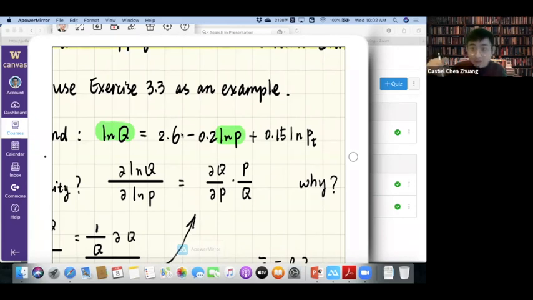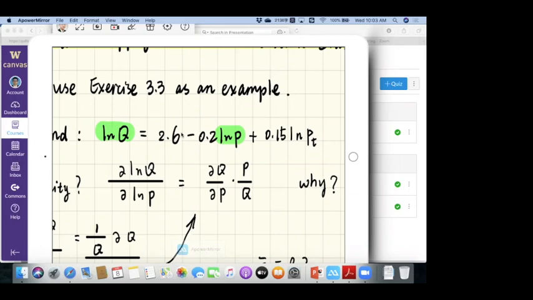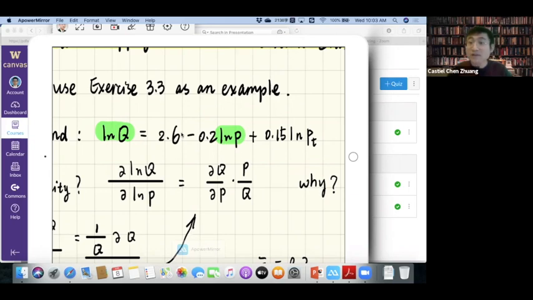You treat log P as a whole variable. And when you take the derivative, you can just use the power rule. The power is just 1. So when you subtract 1 from the exponent, it's log P to the power of 0, which is just 1. So you're left with just the coefficient before that variable, which is negative 0.2.